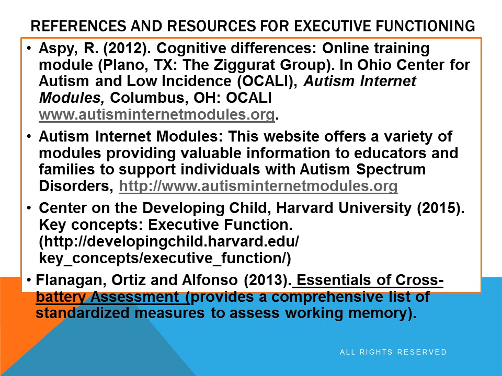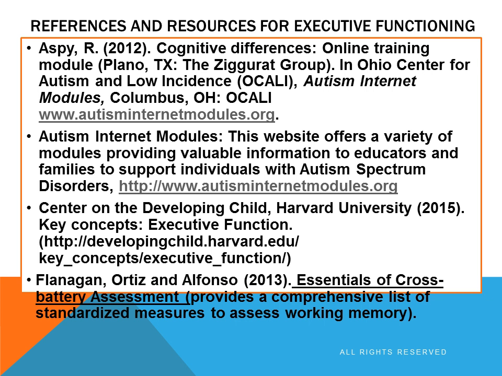And a variety of resources are listed, as well as some of the references mentioned in this presentation. As I repeatedly mentioned, Autism Internet Modules have a lot of information, particularly for students with autism, but they don't necessarily talk about executive function, but they do talk about resources and video modeling and all that.